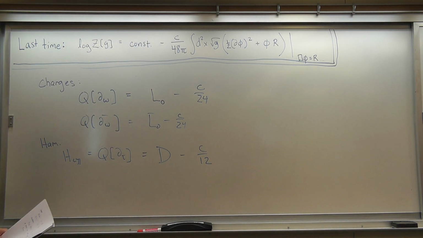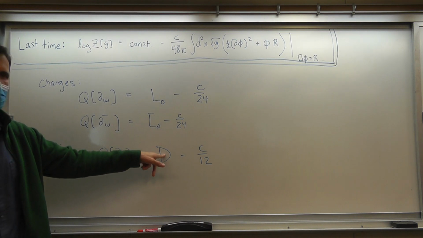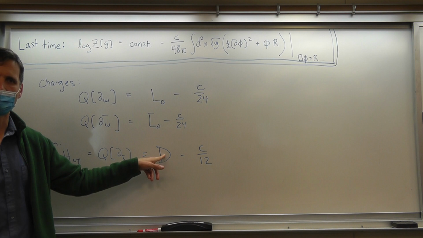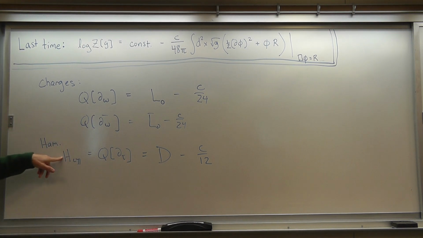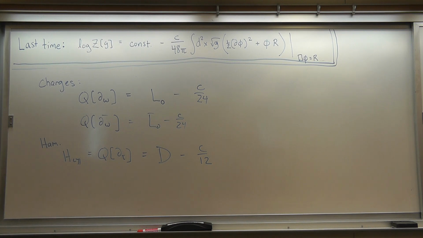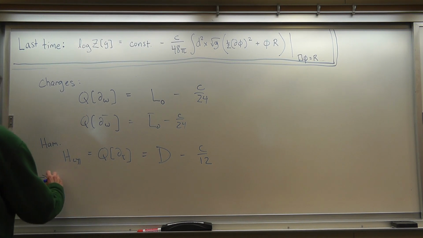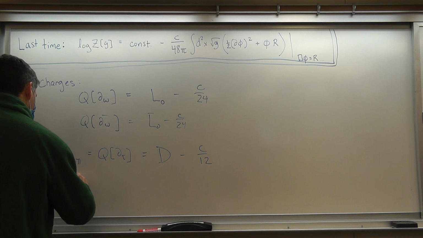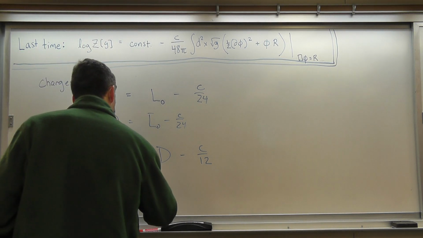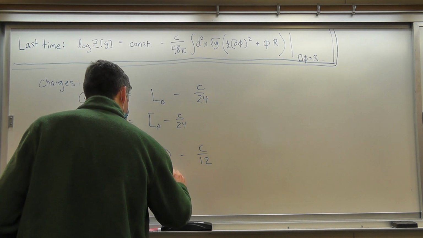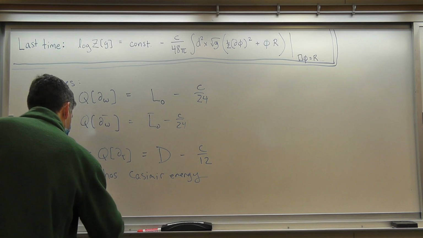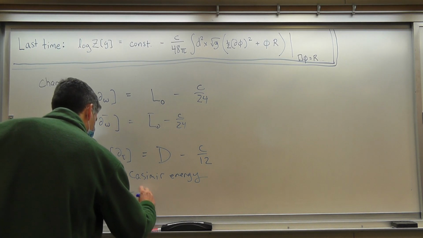That means that conformal dimensions, scaling dimensions, which are eigenvalues of D on the plane, give you energies on the cylinder up to this shift by c over 12. It also means that the cylinder vacuum has a non-zero Casimir energy. It has E_vac equal to minus c over 12.